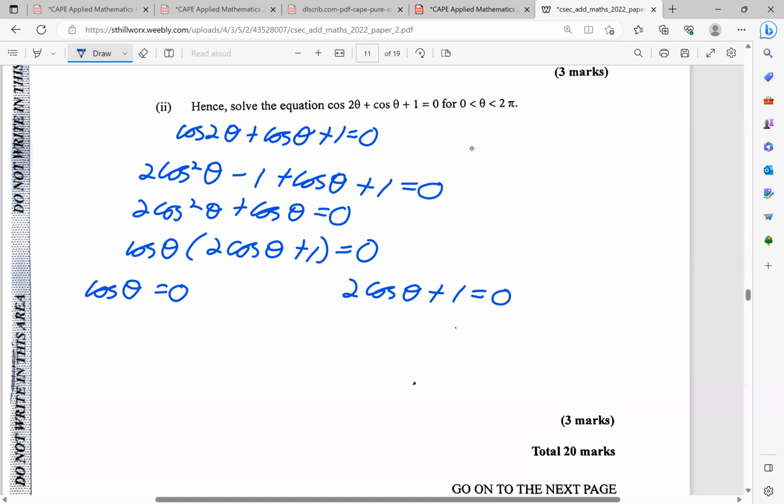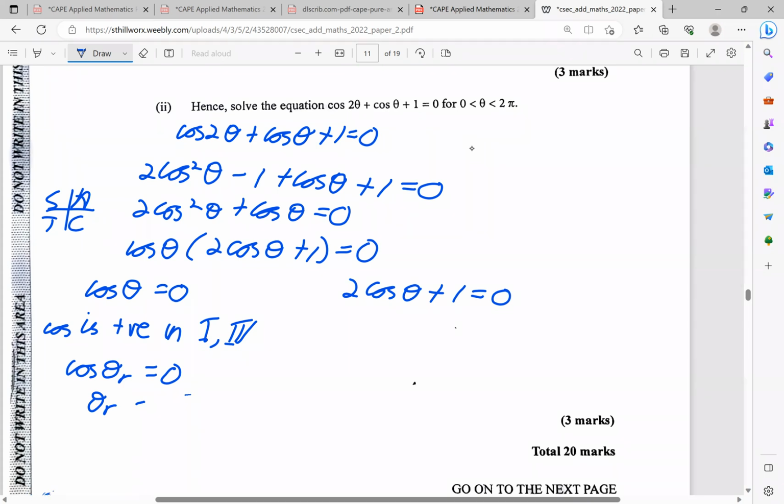So here's a bit of a weird one. You treat 0 as positive or negative. So cos is positive in the first and the fourth quadrant. So cos of theta r is 0.